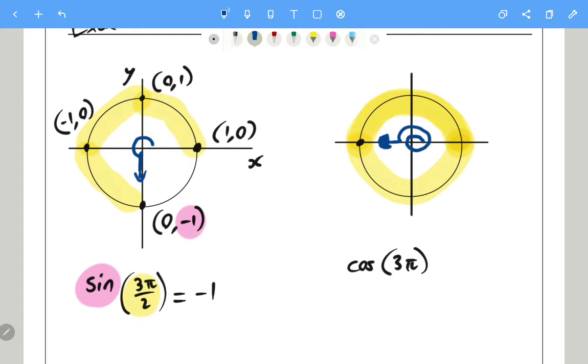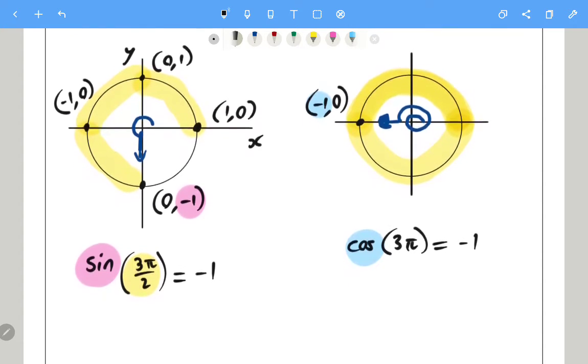We've done a full rotation plus a pi rotation on top of that. And because we're interested in cos, well, cos is asking for the x-coordinate. What would this point be? Well, this point here is negative 1 on the x-axis, 0 high. And so we would get that the x-coordinate would be negative 1.